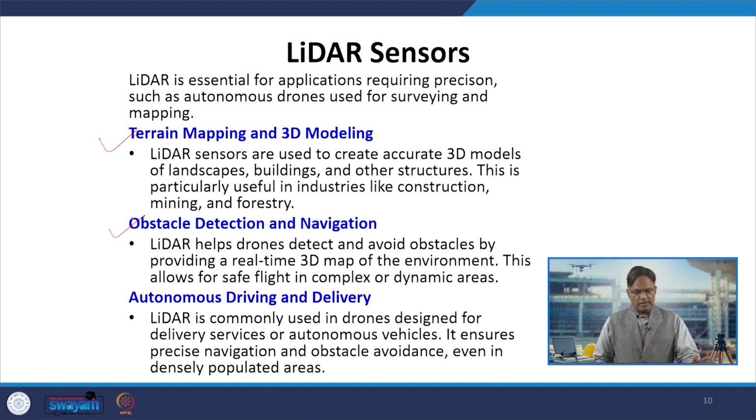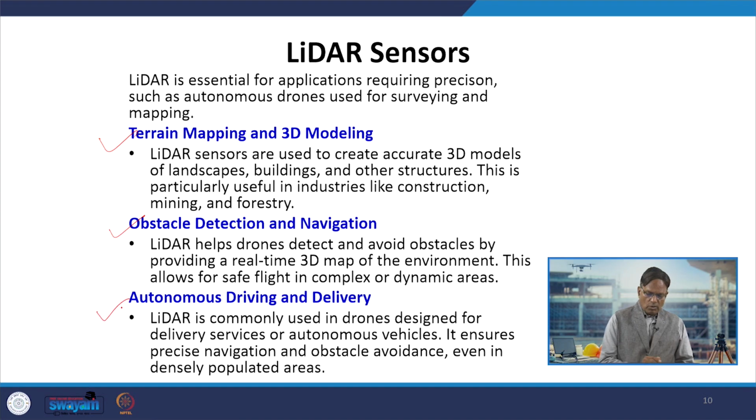Obstacle detection and navigation: LiDAR helps drones detect and avoid the obstacles which are on the way when it is moving up in the sky. So this is providing a real-time 3D map of the environment, and it allows a safe flight in a complex or dynamic environment.